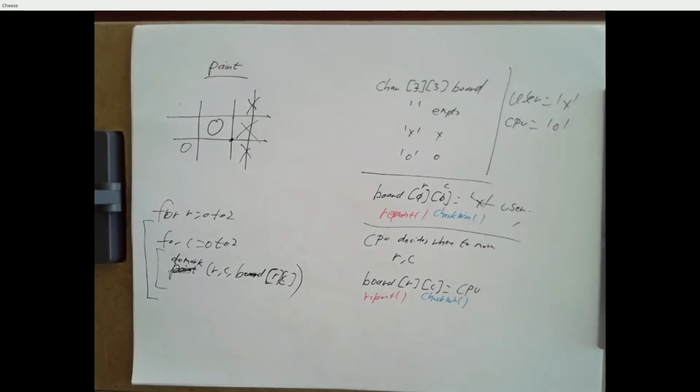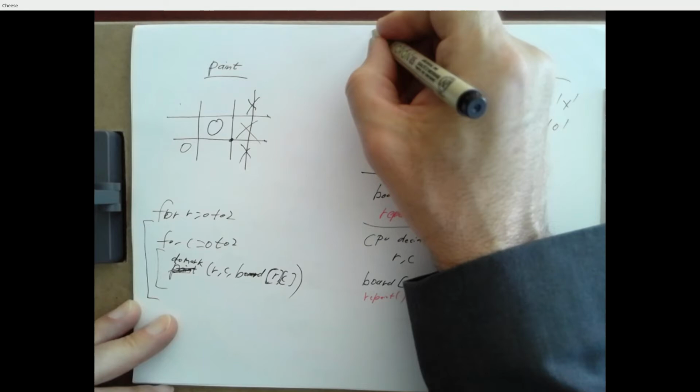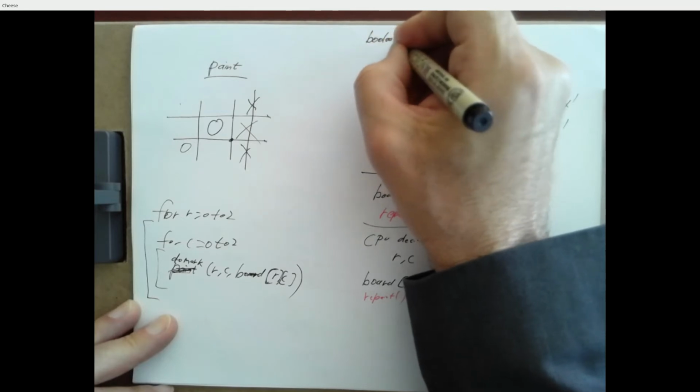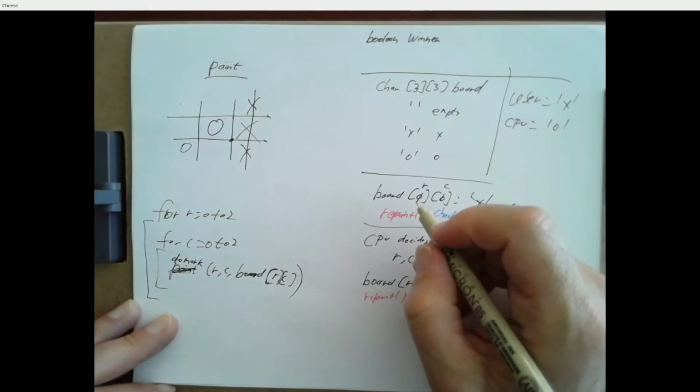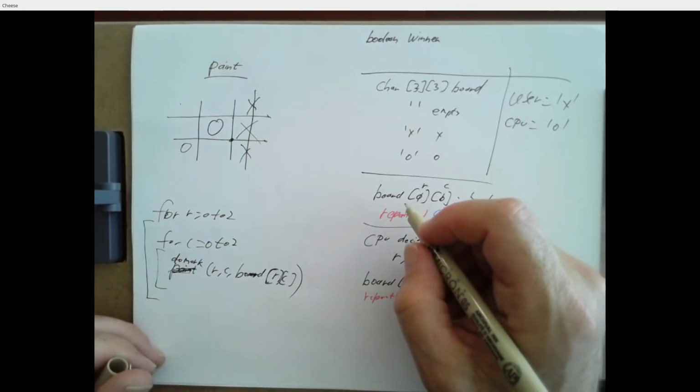So make yourself a method that does that check and set up some more data. Have a Boolean flag, call it winner or something, that says has somebody won.